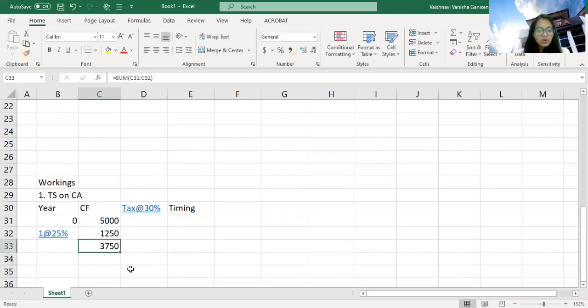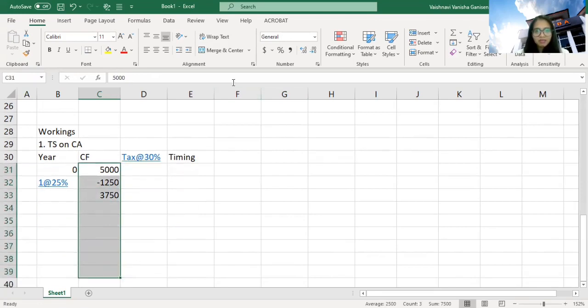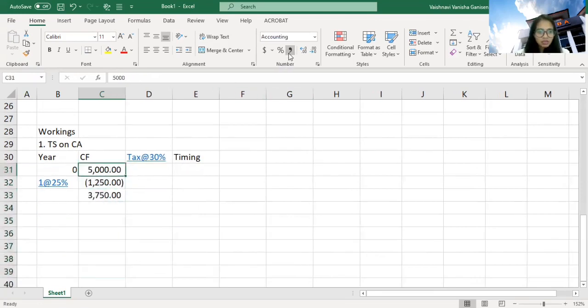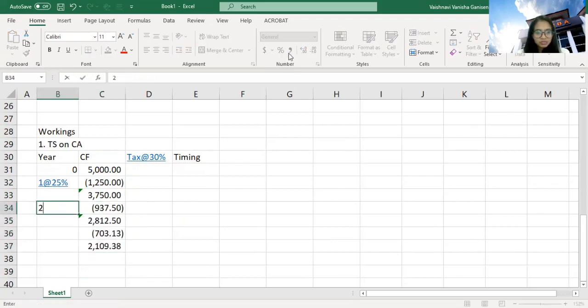Okay. Now guys, remember I told you a trick. What is my trick? My shortcut that I taught you. You copy the negative and the net book value. You paste it year 2, year 3. So this is year 2, year 3.